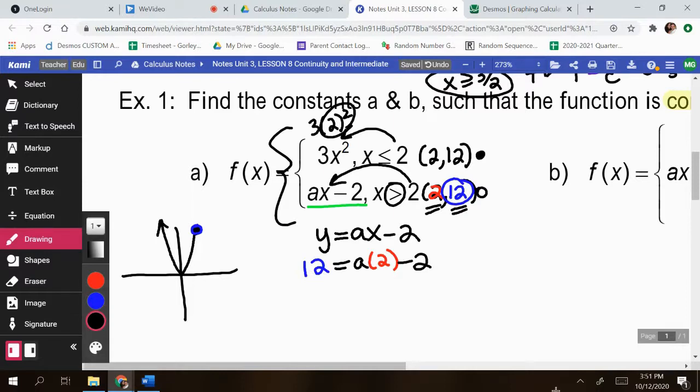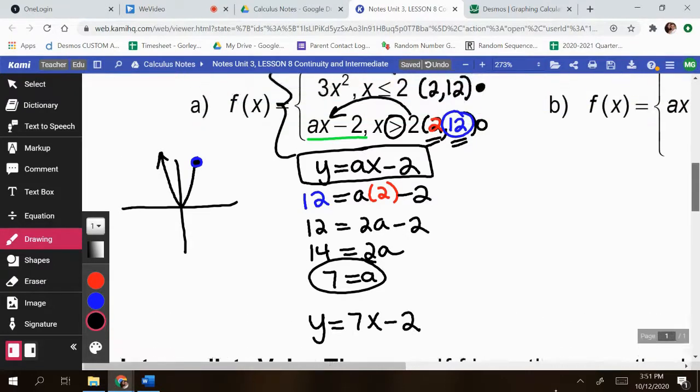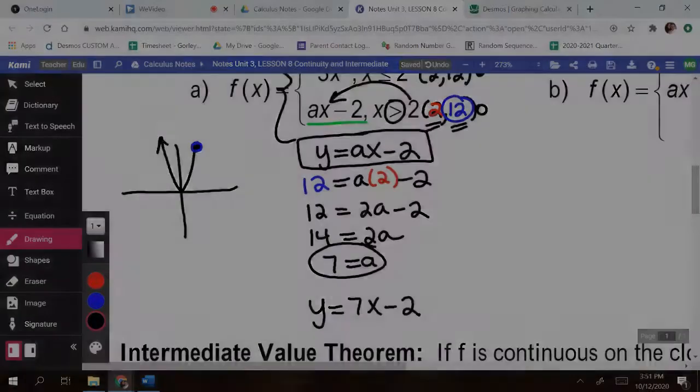Okay, so now we're going to solve for a. We get 12 equals 2a minus 2. If I add 2 on both sides, we get 14 equals 2a. So a would be equal to 7. Okay, so rewriting this original function, we're going to have y equals 7x minus 2, which would give us a continuous function.